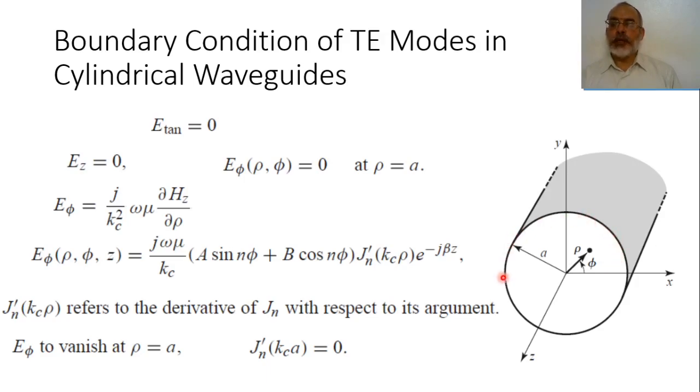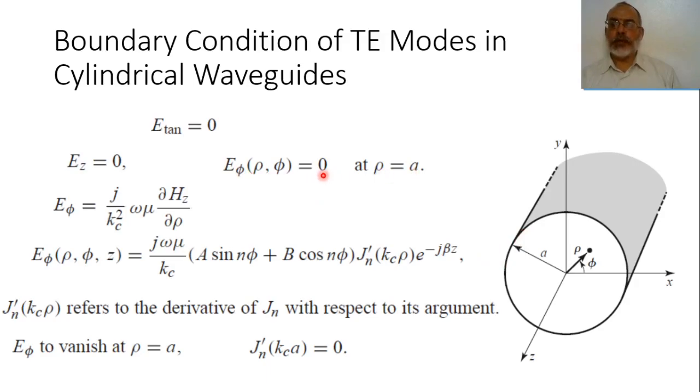Here we have E rho and E phi. E rho is normal to the surface of the waveguide, but E phi is tangential. So the boundary condition is that E phi at rho equals a is 0.